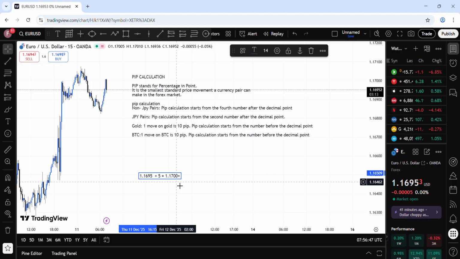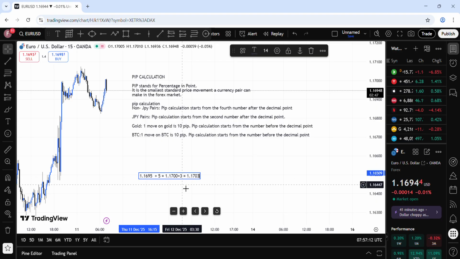It will be plus 3, which equals 1.1703. This means the calculation starts from the fourth number after the decimal point, basically the last number after we have removed the pipette. I used 3 so that there will be no carrying over, so that you will know it starts from the fourth number.